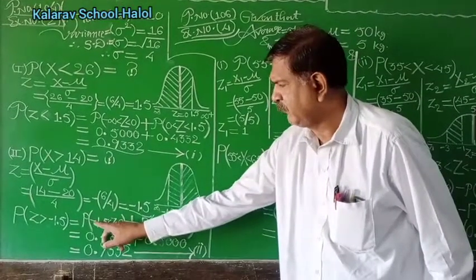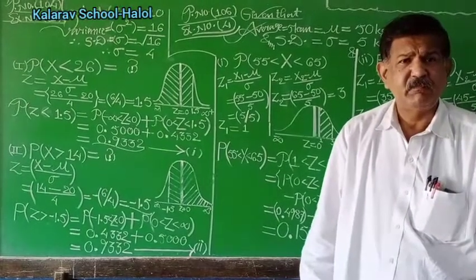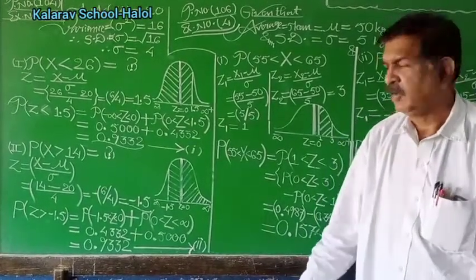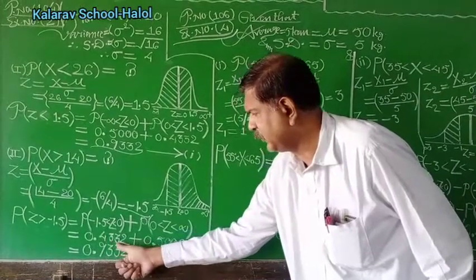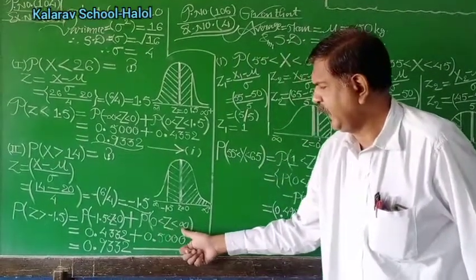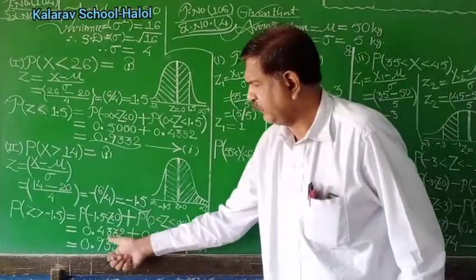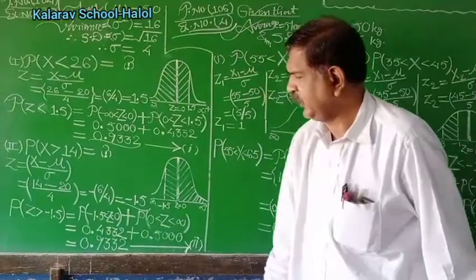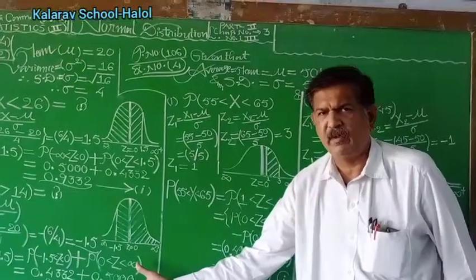But we know that minus 1.5 to 0 is equivalent to 0 to 1.5, and 0 to 1.5 is 0.4332, and 0 to infinity we know is 0.5000. The addition of these two quantities, 0.9332, is the required answer. Answer number 2 or result number 2.